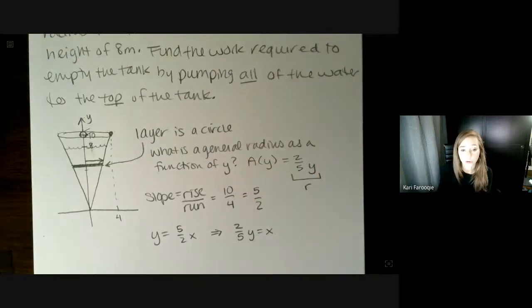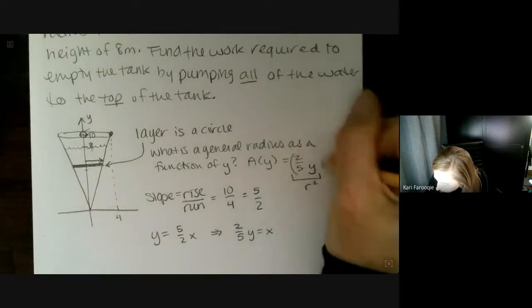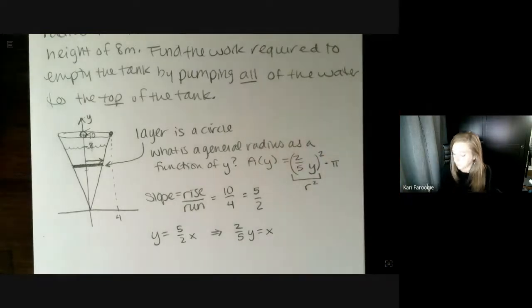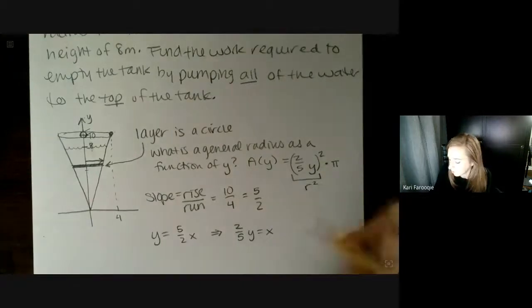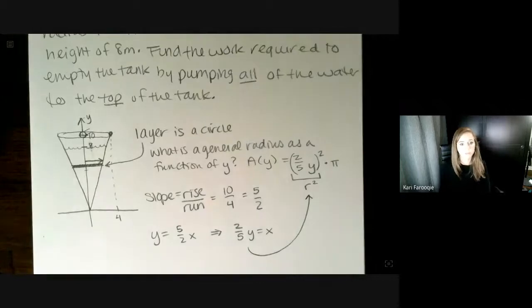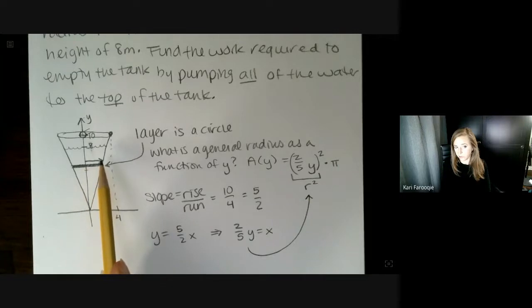And remember, for a circle, we're talking about pi r squared. So we're going to go ahead and square this and multiply it by pi. Okay, so that's where this is going to come from. The radius of your circle is going to be x equals whatever 2/5 y is, and we're looking for that as a function of y.